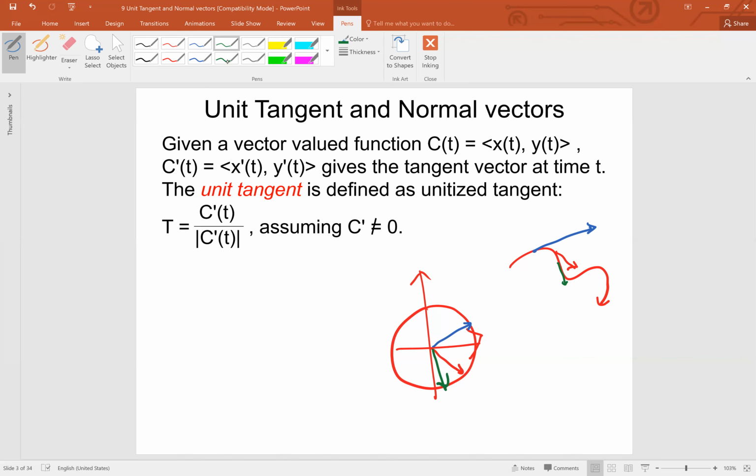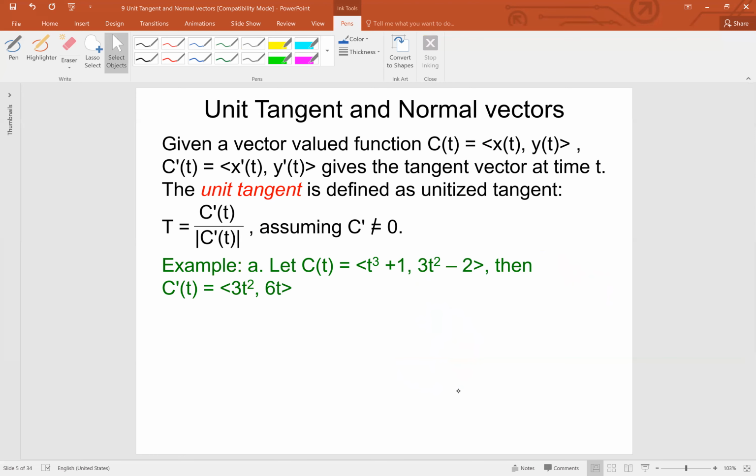So the unitized tangent functions are basically these points traveling on this curve, on the circle. The consequence is that if I take the derivatives, they will be perpendicular to the unit tangent.